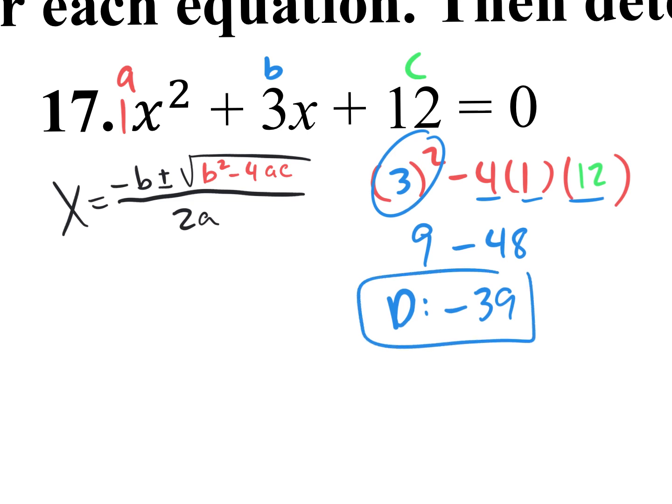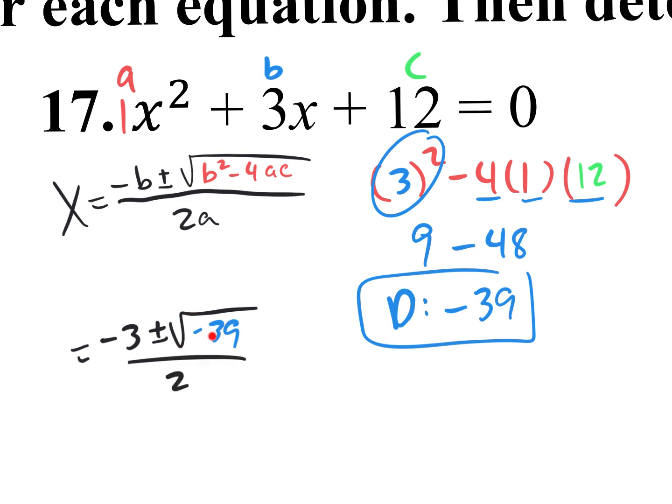And then after that, knowing that your discriminant is negative, how many real solutions are you going to have? Anybody? If your discriminant is negative, watch, what does that mean? That when I plug it into the quadratic formula, negative b, that's -3 plus or minus the square root, the discriminant's negative 39, divided by 2 times a, that's 2 times 1, which is 2.